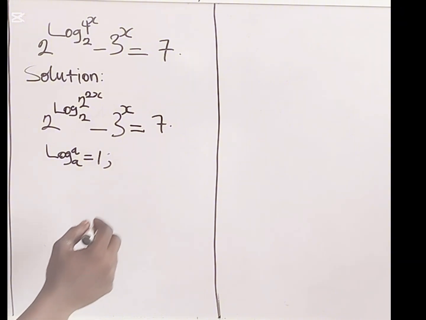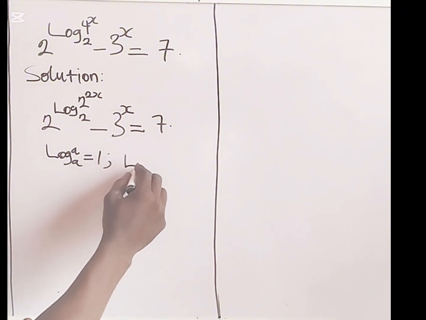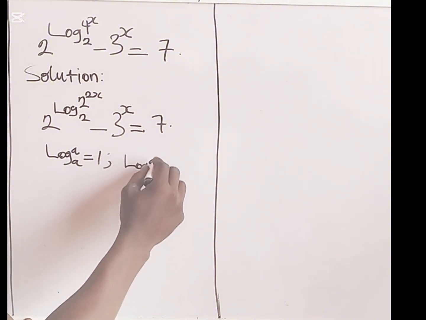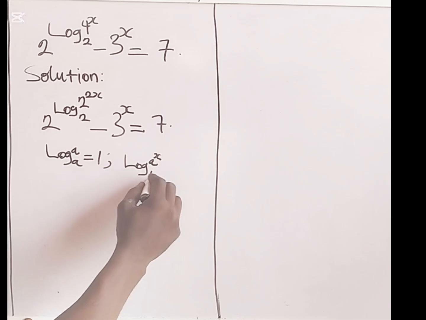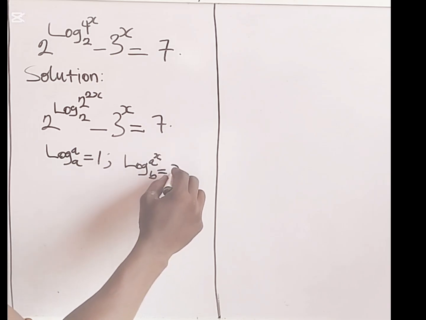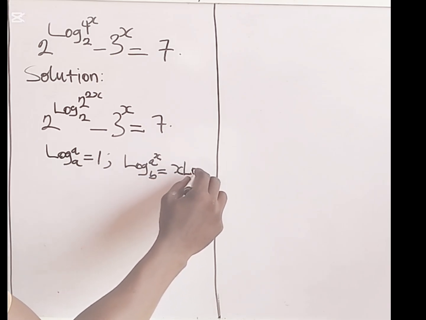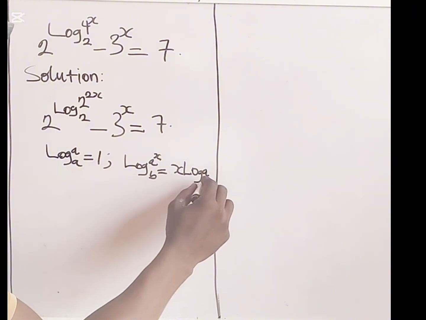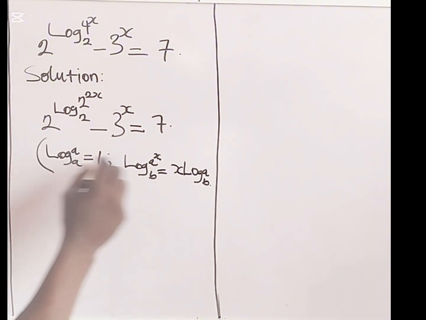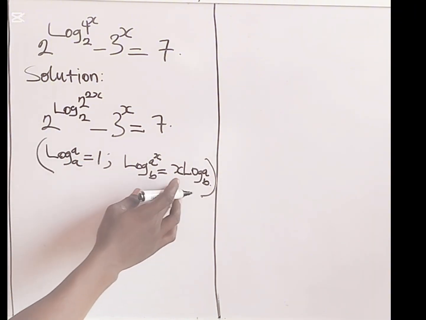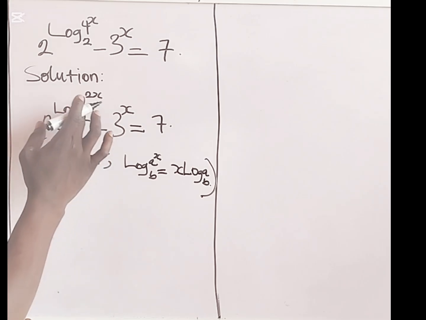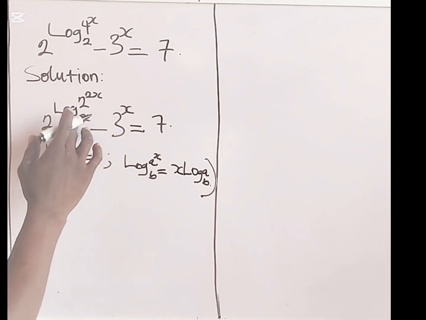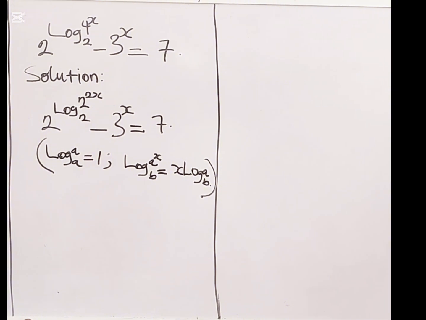The second rule is when you have log a raised to the power of x to base b, you can write it as x log a to base b. So these are the two laws we're going to apply in order to resolve this part of the equation that has logarithm.